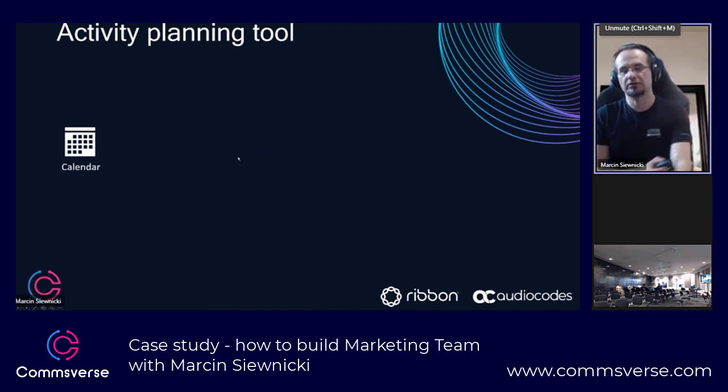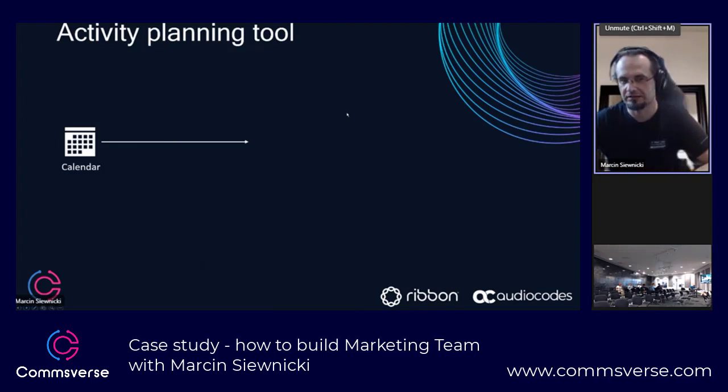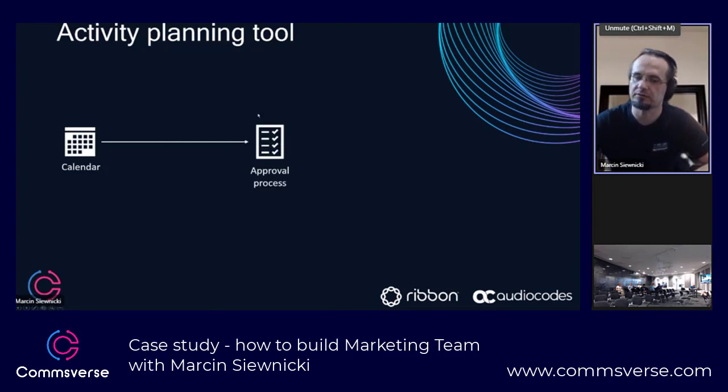Activity planning tool. I think the second most asked question on meetings. So a calendar with some planning with posts, schedule, and maybe some approval process. If I want to share information on my company's Facebook page, I can put it in my calendar in Teams.